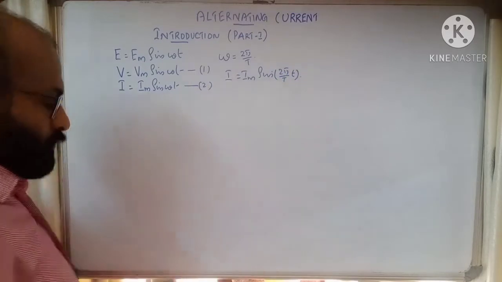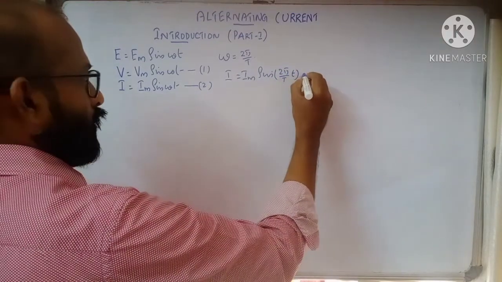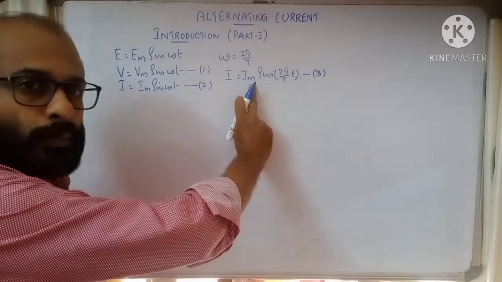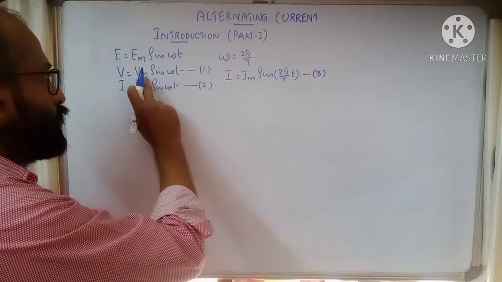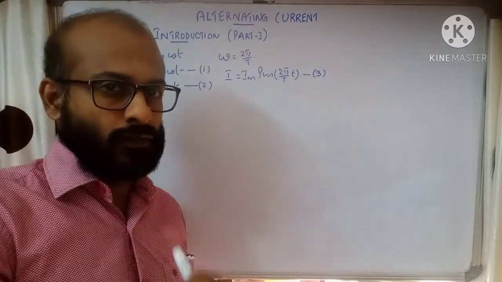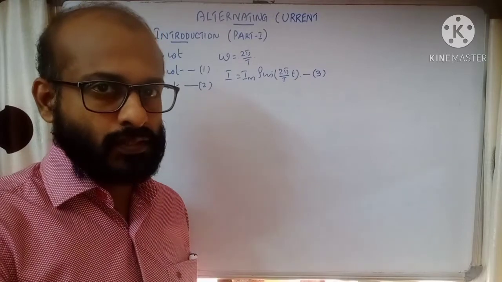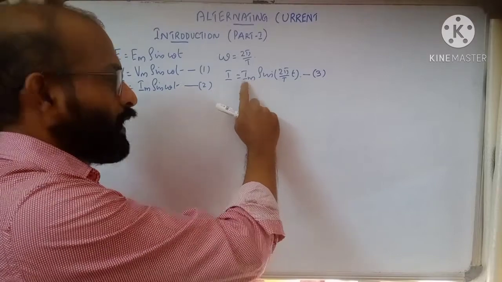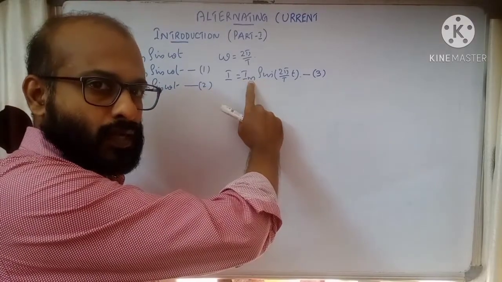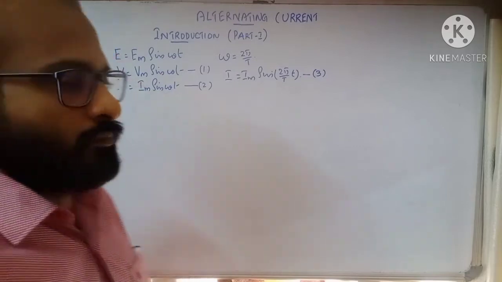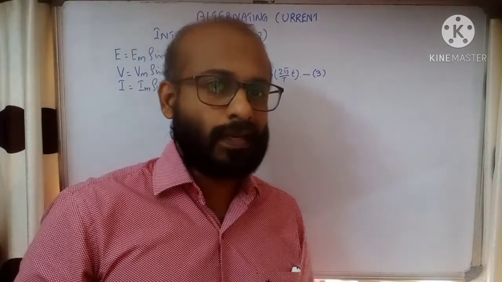This is our equation for current, the instantaneous current is equal to Im sin of 2 pi t by T. Im is called the peak value of current. Vm is called the peak value of EMF. That's a maximum value corresponding to the peak of the curve. So we have sinusoidal variations, a sine wave, and the peak value of that sine wave is given by Im for the instantaneous current.